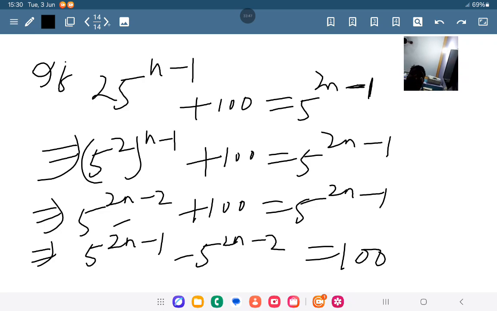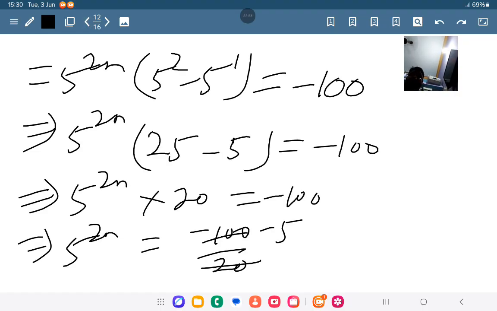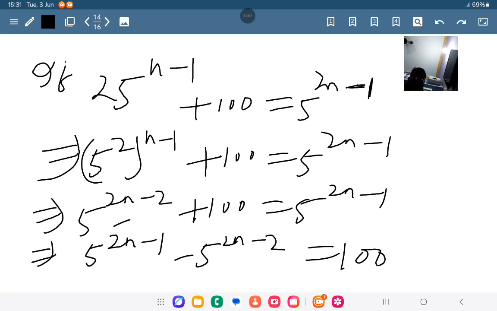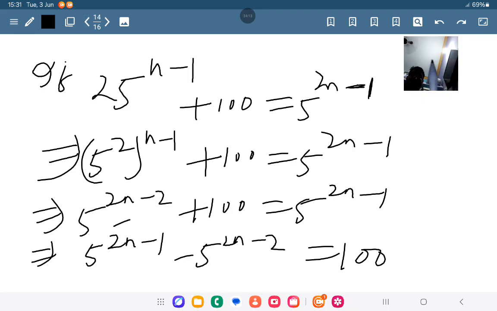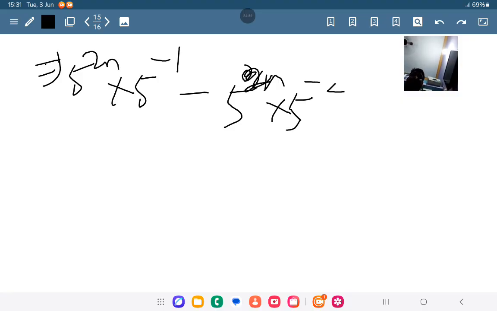Now I can write it: 5 to the power 2n into 5 to the power minus 1, minus 5 to the power 2n into 5 to the power minus 2, equal to 100.